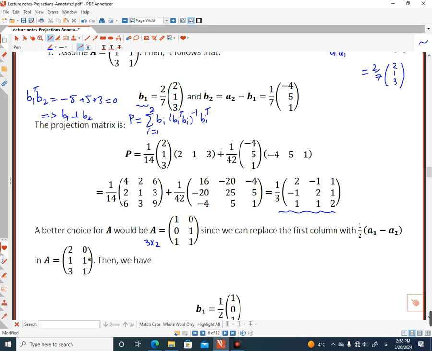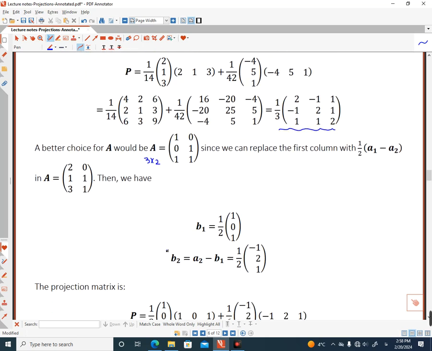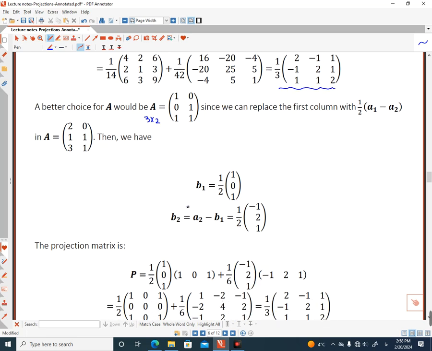So if I have this original matrix and I compute half A minus A1 minus A2, then I can find this A matrix here. The good thing is that this A matrix has orthogonal columns, so I can easily write B1 and B2 based on these two orthogonal columns.